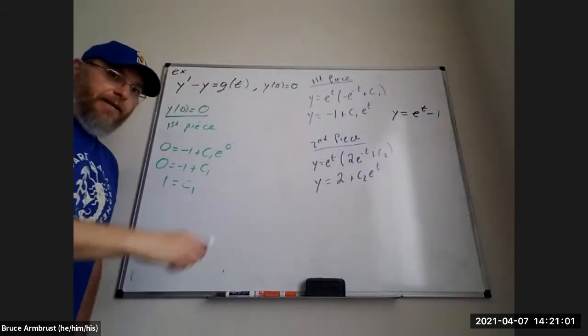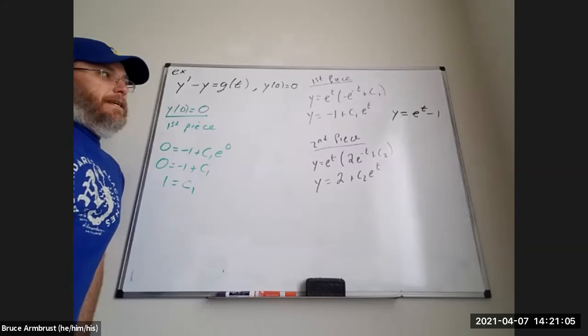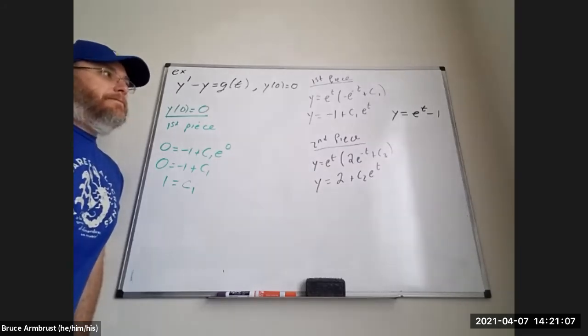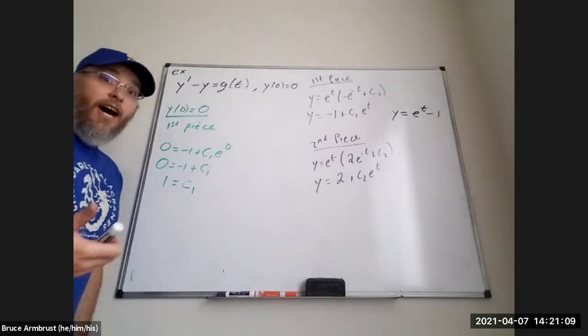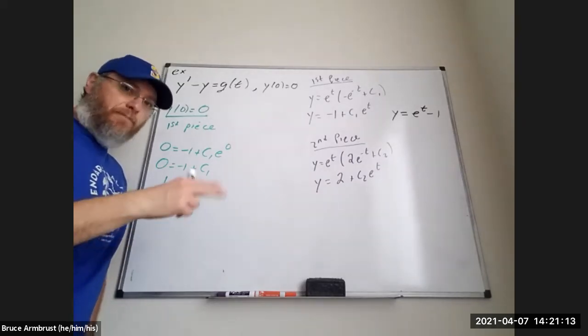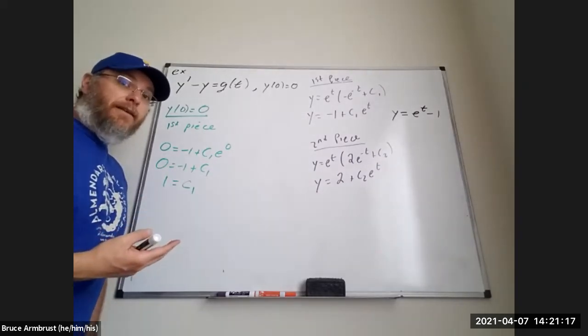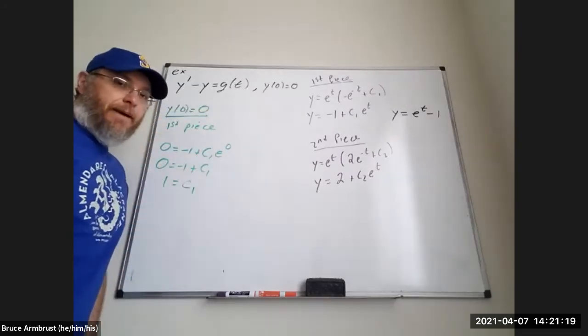I wrote it the other way because I don't want the negative up front. Right, so it's 1 e to the t minus 1. Awesome. So we found out what the solution is, at least for the first part.